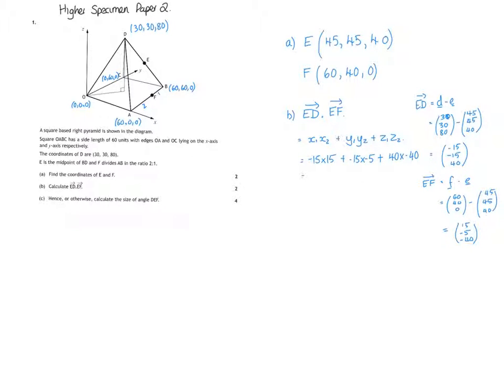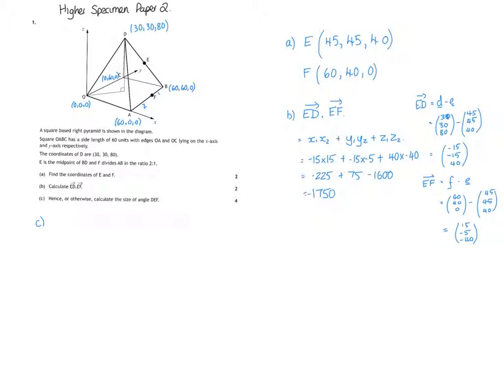So we do that, we get negative 225 when we do 15 times minus 15. Negative 15 times negative 5 is 75. And then we've got 40 times minus 40, which is minus 1600. So when we put them all together, we get minus 1750.